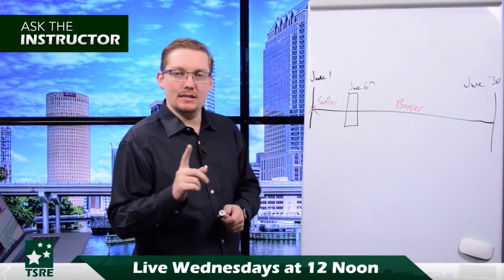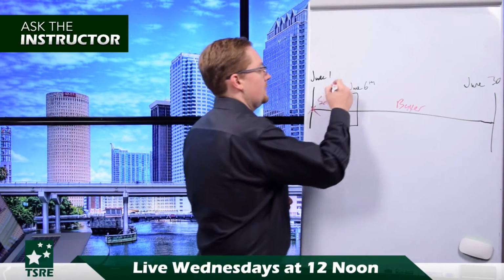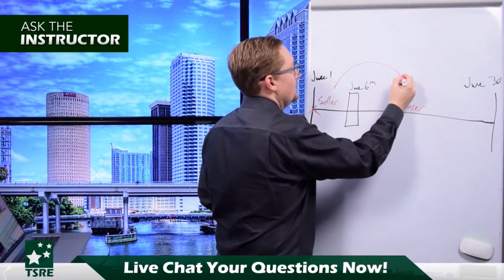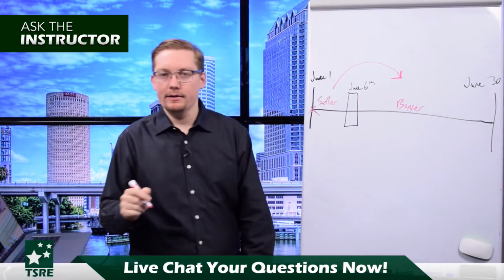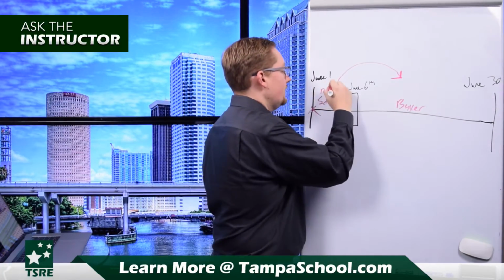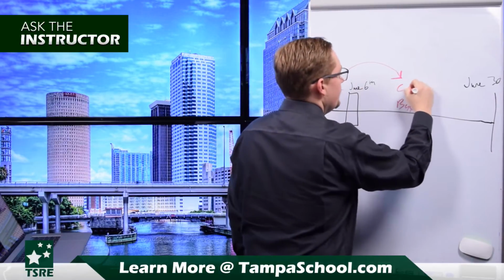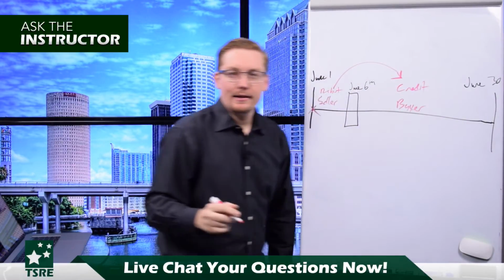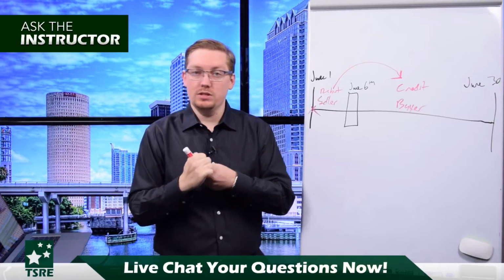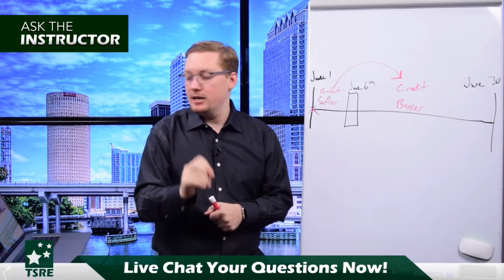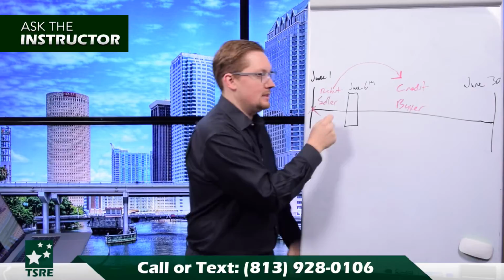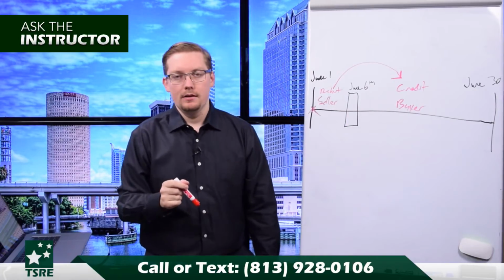So what we're doing with this one, again, we're still transferring money from the seller to the buyer. So our whole thing of debit to the seller and credit to the buyer, that still is going to hold up with this one. So remember, whenever you're in doubt on your exam with any of the prorations, you want to remember debit to the seller, credit to the buyer.